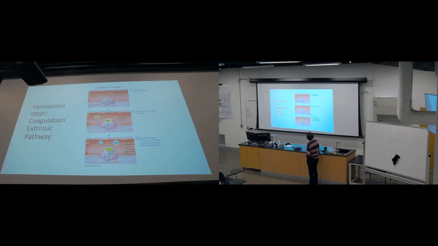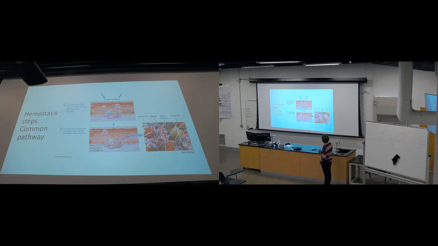The extrinsic pathway starts when you have an injury, you expose this tissue factor, and then you form a platelet plug, and then you will have activation of this factor 7 into factor 7A, and then this factor 7A, since it's a serine protease, now can activate this factor 10 into 10A, and then plus calcium, you will form an enzyme complex with calcium, and that will lead to the common pathway.